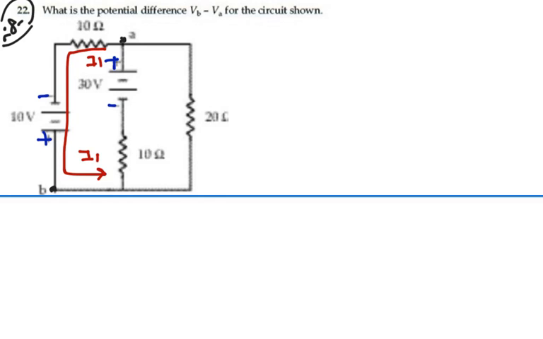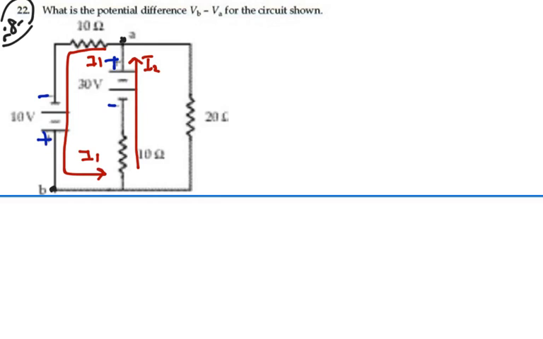And then for the second branch, I'll go with the battery, so my I2 will be going up like this. And then I have to think about the third branch because there is no battery there. Now, since the second branch has a 30-volt battery, it's very likely that I2 is a larger current than I1.